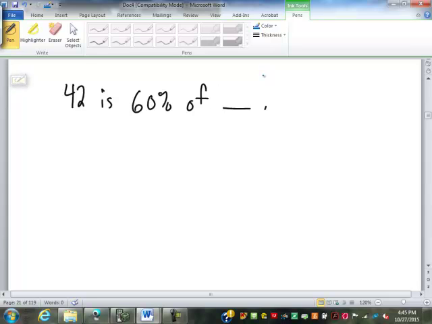This one's a little bit different again. 42 is 60% of blank. Well, now we have the percent again. So 60% is 60 out of 100. On the other side, what do we put in there? 42 is 60%, implies the 42 goes with the 60.